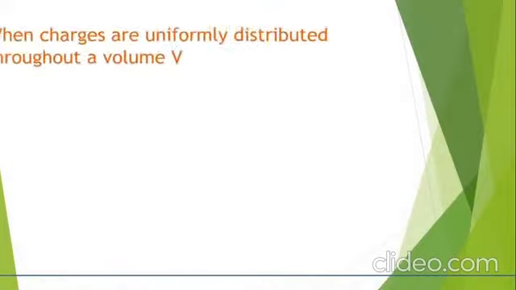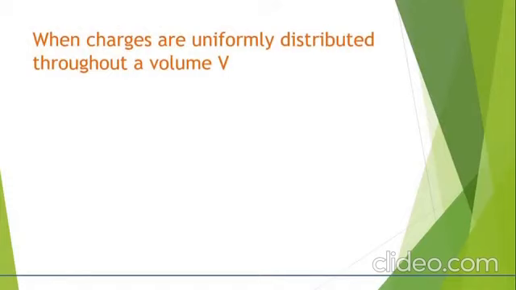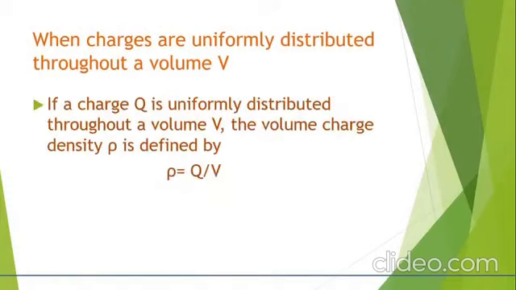When the charges are distributed uniformly throughout a volume V, then by the definition of volume charge density, it is calculated as rho equals Q divided by V. From this formula, we can see that its unit is coulomb per meter cubed.